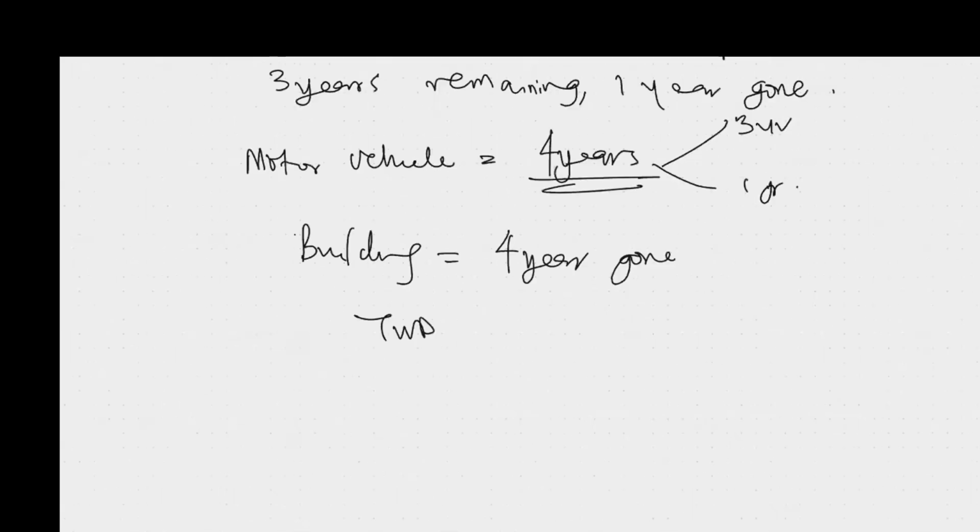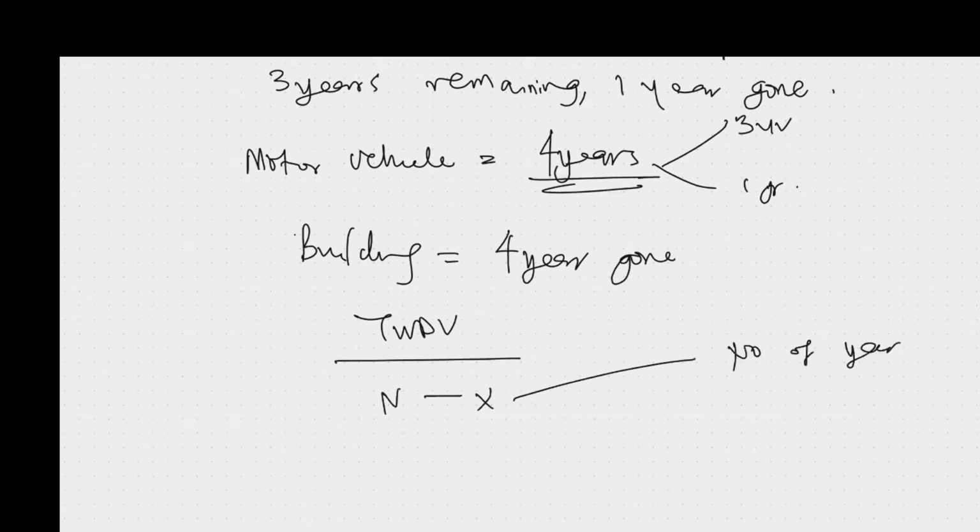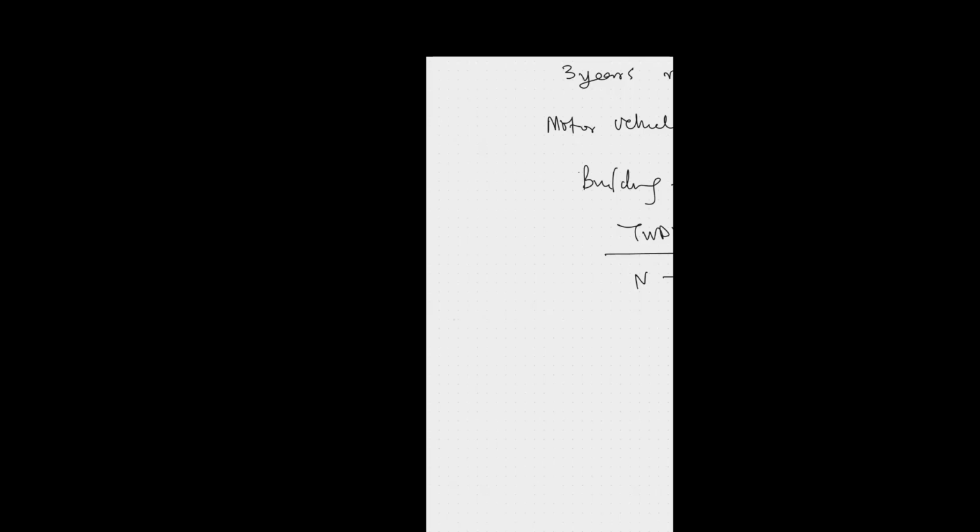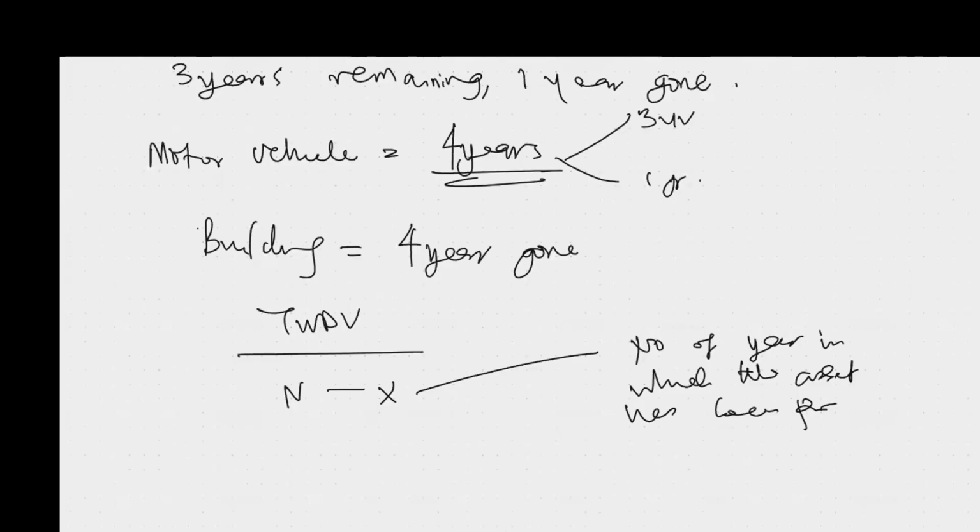X is the number of years in which the assets is already used.